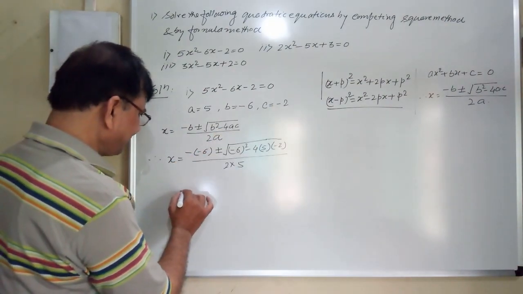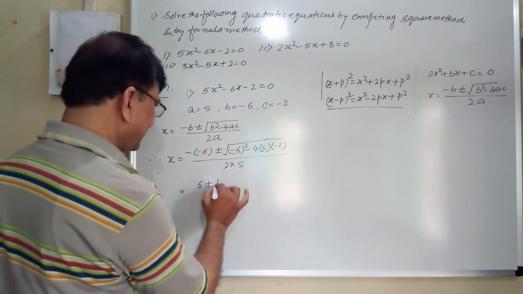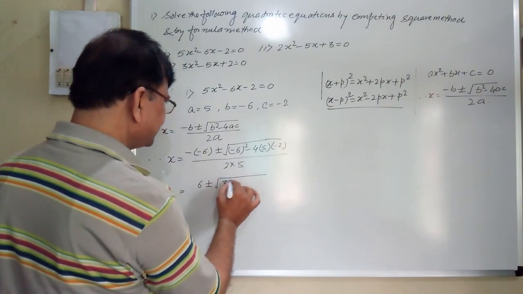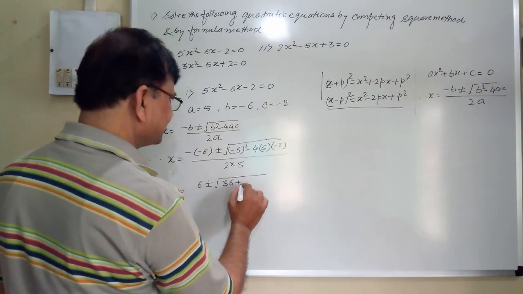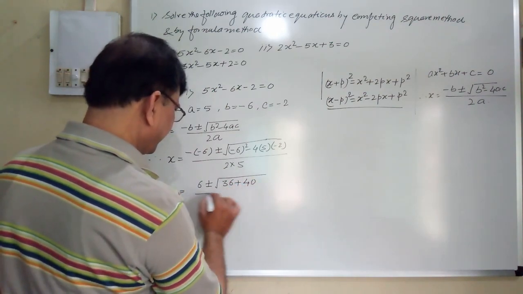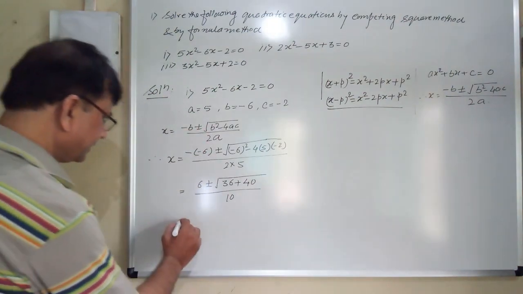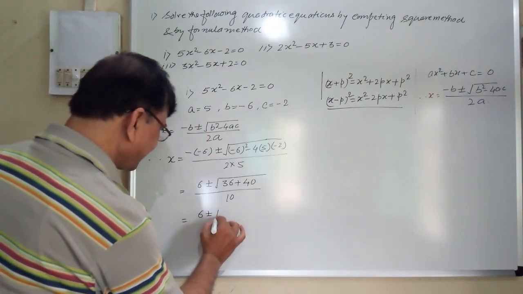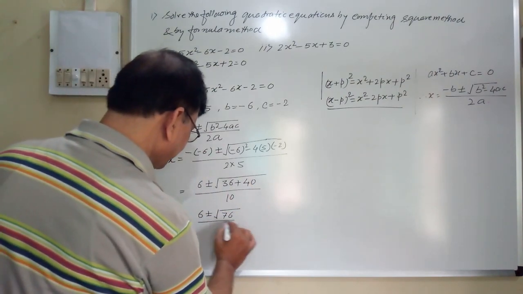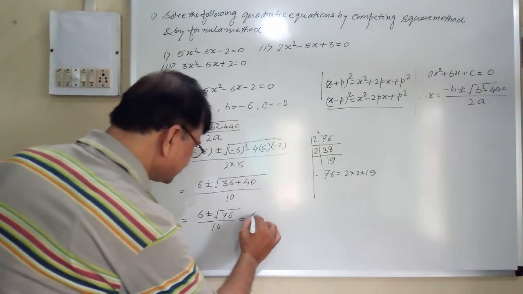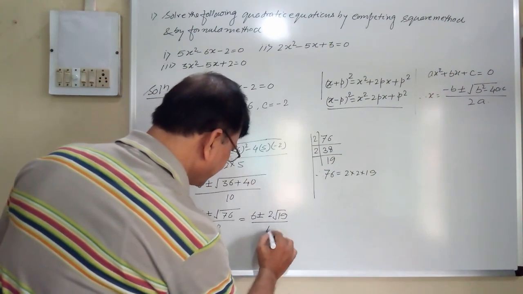The further simplification I will do, that is minus minus plus, it is 6 plus minus under root, that is 36. This minus and this minus should be plus, divided by 10. We will simplify further, that is equal to 6 plus minus under root 76 by 10. That is equal to 6 plus minus 2 under root 19 by 10.